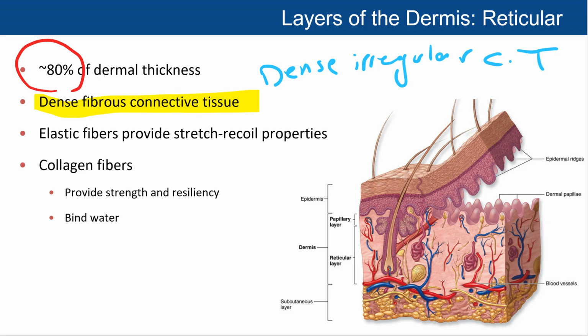They can be found in different directions. Elastic fibers will also be found in the reticular layer. The elastic fibers provide stretch-recoil properties, and collagen fibers provide strength and resiliency.